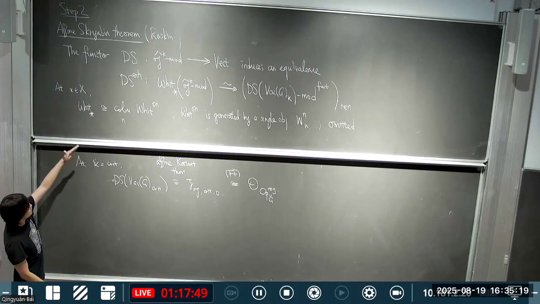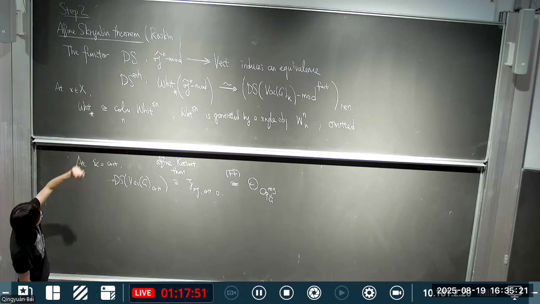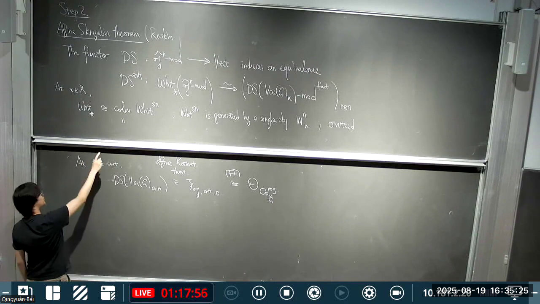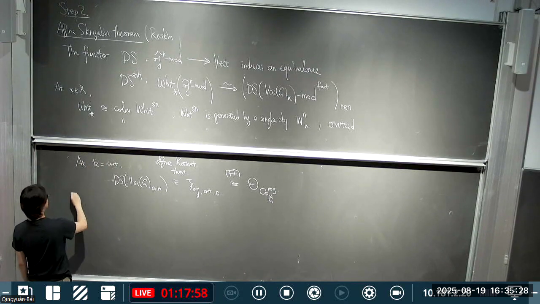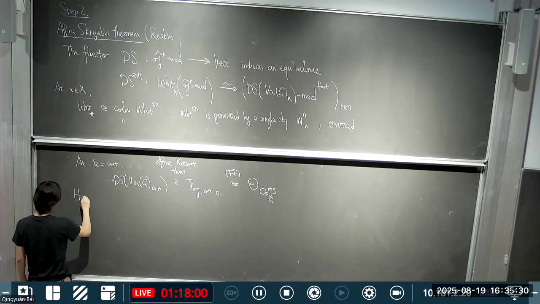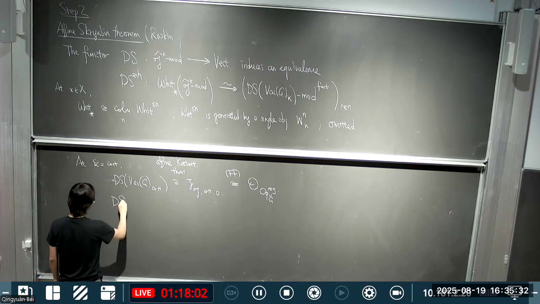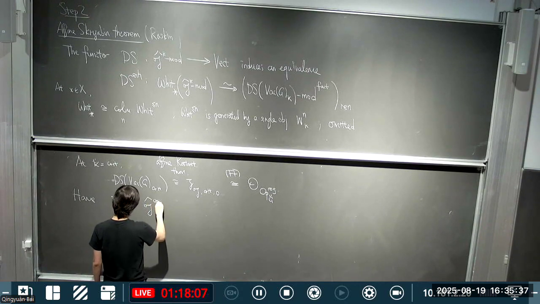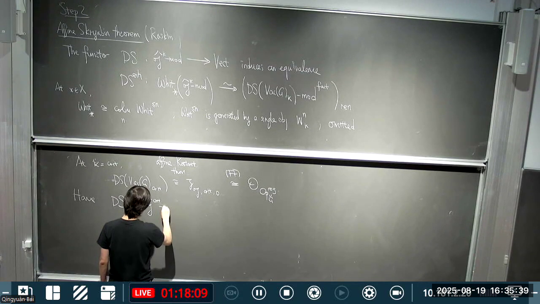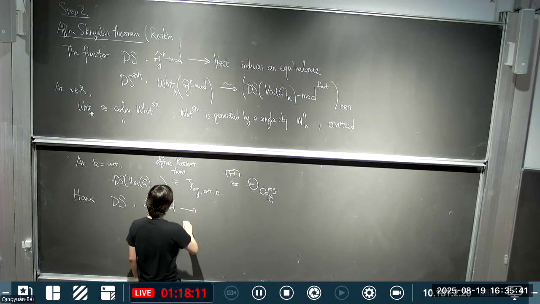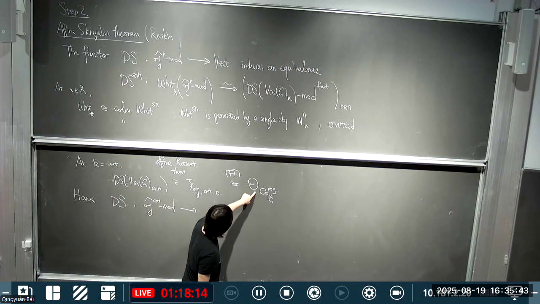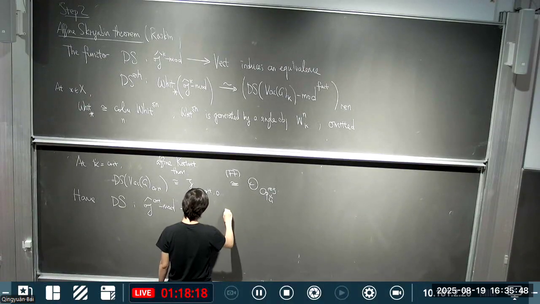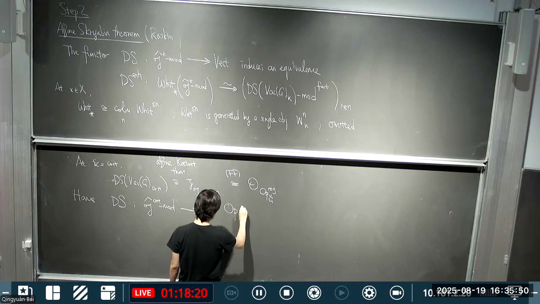And the combination of these two, this observation with that equivalence, is that we have the functor DS going from G at critical level mod all the way to factorization modules for this algebra, which actually has to do with meromorphic opers.